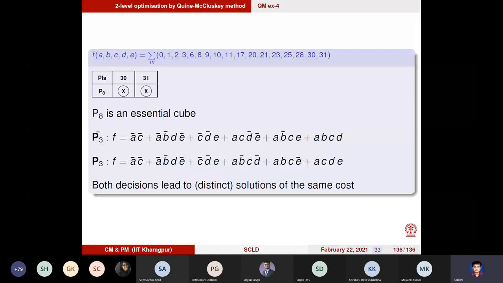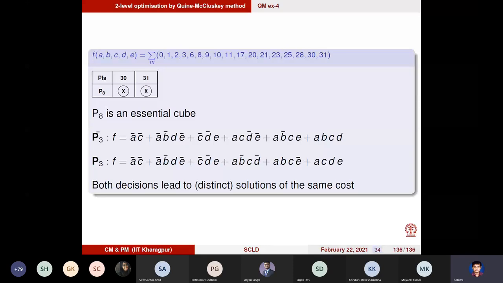You would have to try out all possible subsets, then check if they cover all the remaining crosses in the cyclic core. If they cover, you have to check their cost. And among all possible subsets of this reduced set of prime implicants, after removing the essential ones, which cover all the crosses in the cyclic core and which have the minimal cost, you have to search them out.